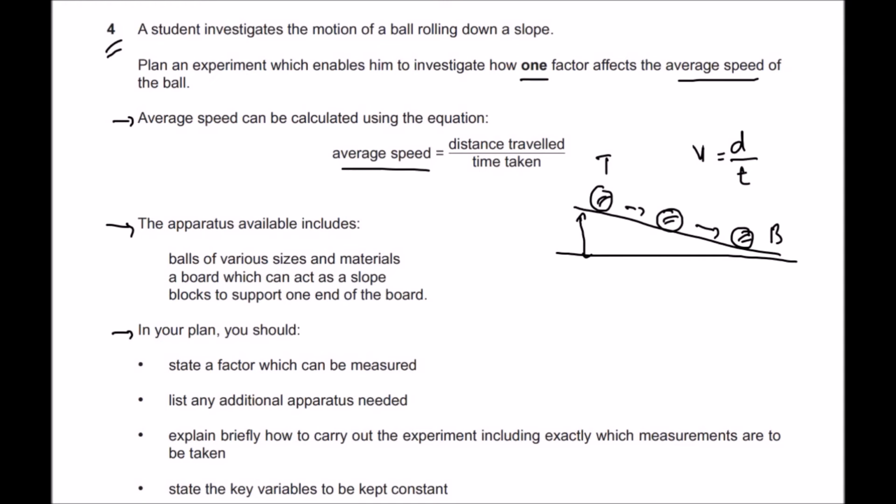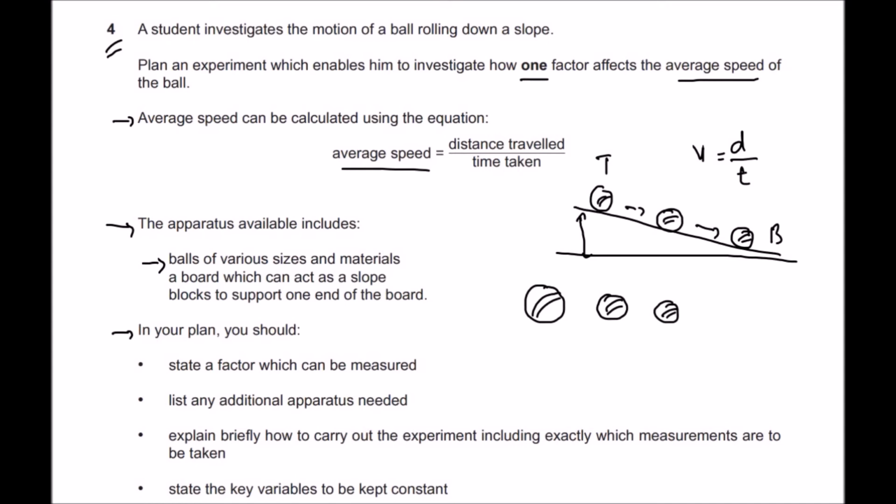First, check this point: balls of various sizes and materials. That means you can take balls of different sizes like this, and it is very clear they have different diameters.